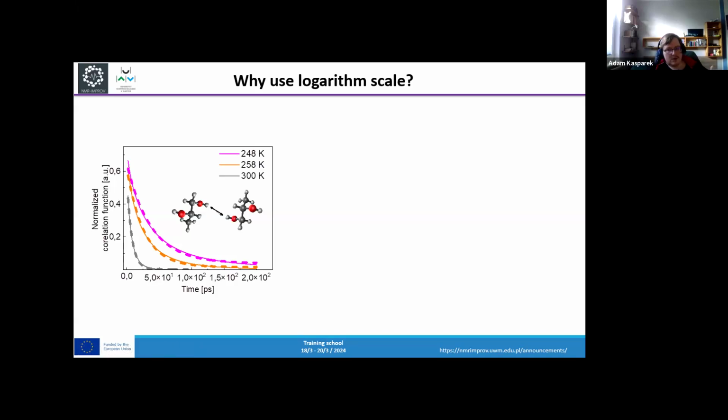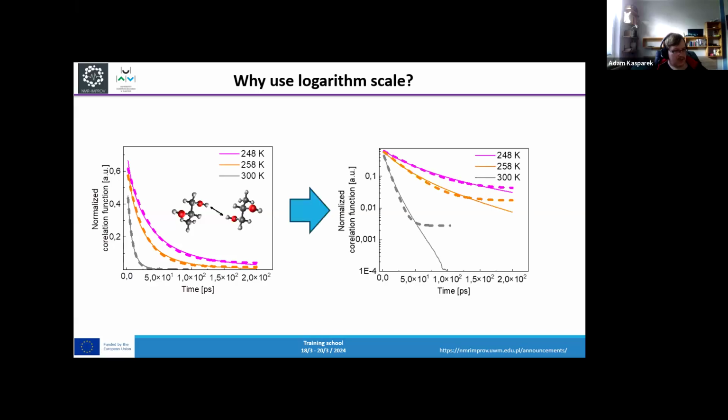But if we use the logarithm scale, we clearly see that while in this area of big numbers the fit is not the worst, here in the area of smaller numbers the fit differs very substantially from our results. Our model, which we used to fit, is not correct.